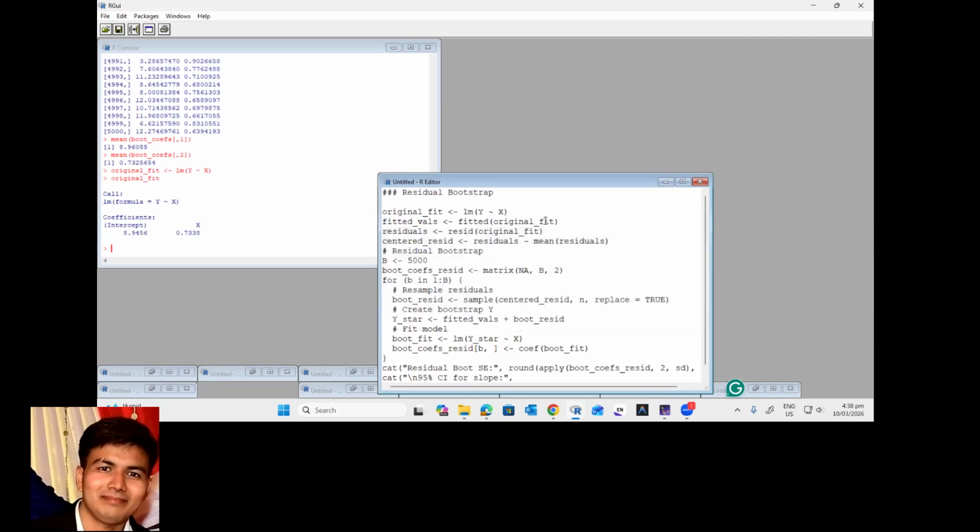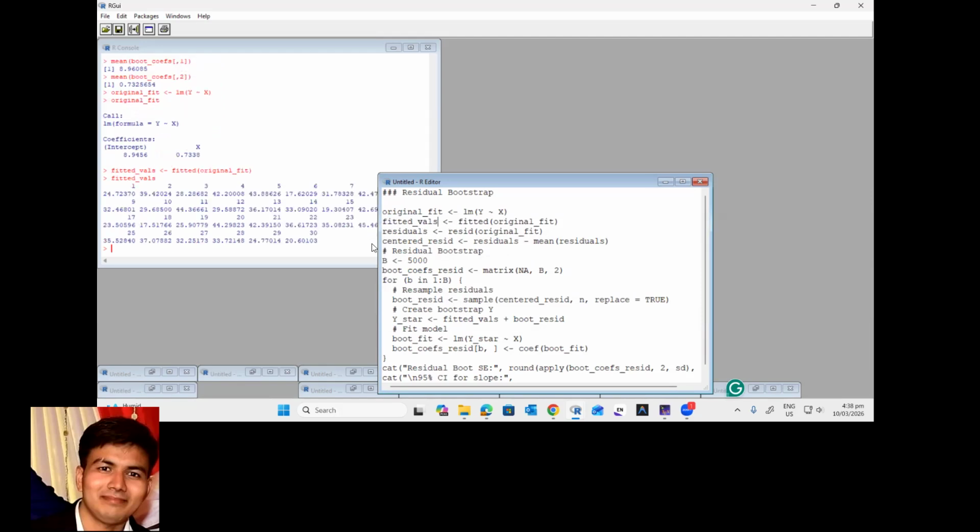For that, the command is fitted. This is the fitted values of the Y for each observation.